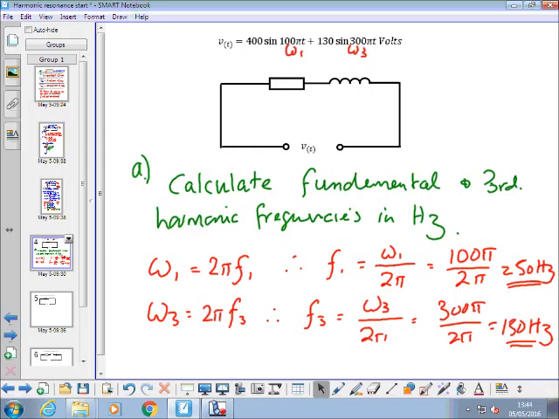Fairly simple, but you need to know that omega is in that standard form. It's called understanding the electrical theory behind all this maths, what the numbers actually mean.